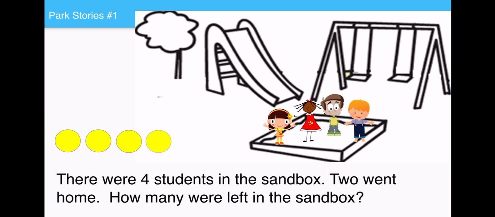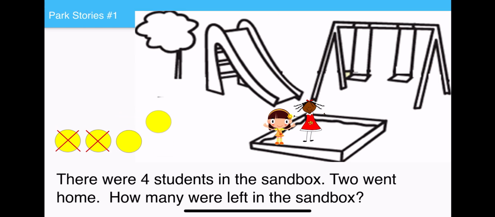And what you're going to do is count them out, pull them away. Ready? 1, 2. You should now have how many left, friends? 2 gone, and how many left? Count them out. 2. Awesome work, friends.